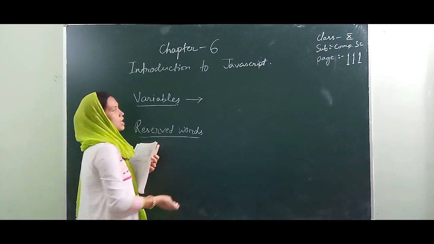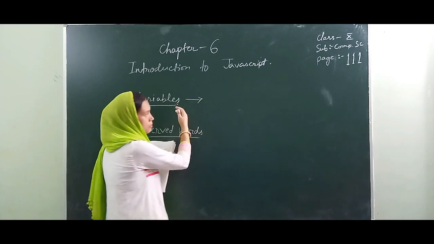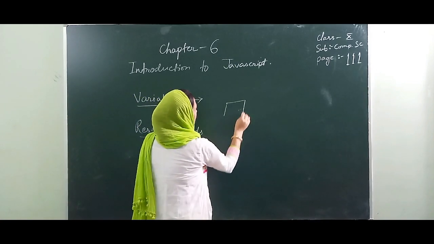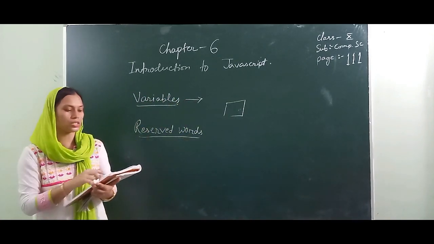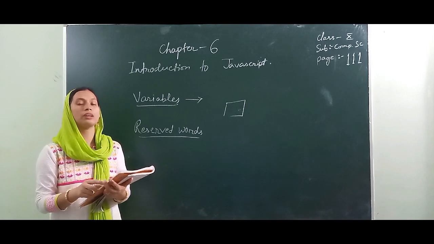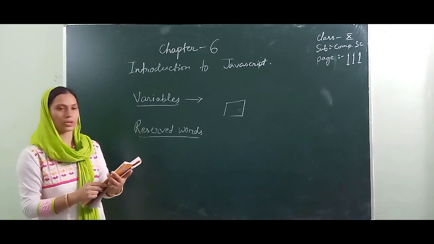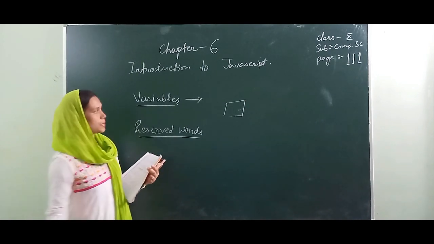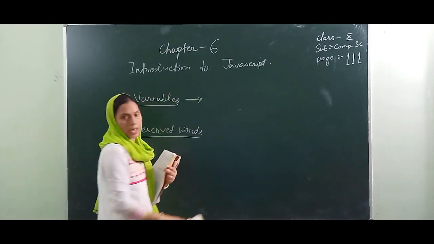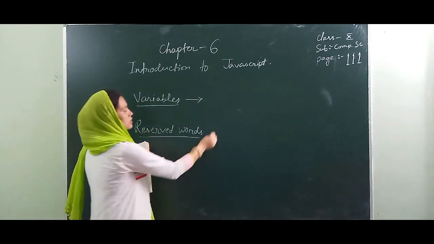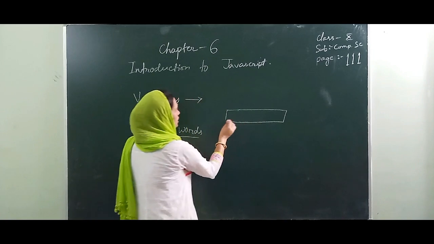That means a variable is a portion of memory where you can store a value and retrieve the value whenever you require. Let me give you an example. Suppose in your class, on your bench itself, you have 4 students.